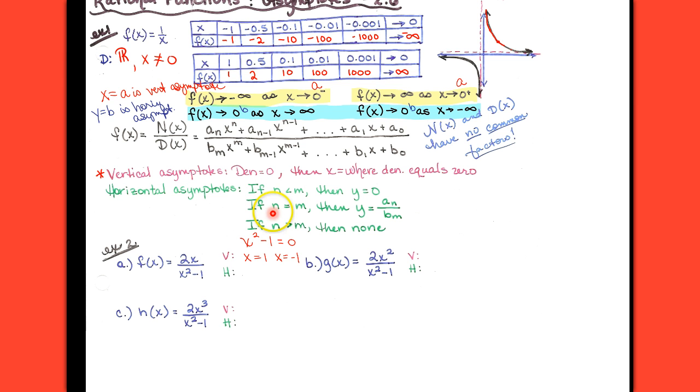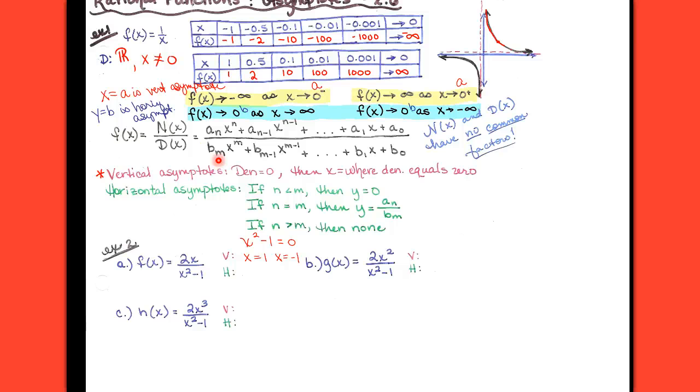If the degree of your numerator equals the degree of your denominator, you will have a horizontal asymptote. And it will be y equals the leading coefficient of your numerator over the leading coefficient of your denominator. That's what they're referencing in the a sub n and the b sub m that you see there. They're going back to the leading coefficient of the numerator over the leading coefficient of the denominator.